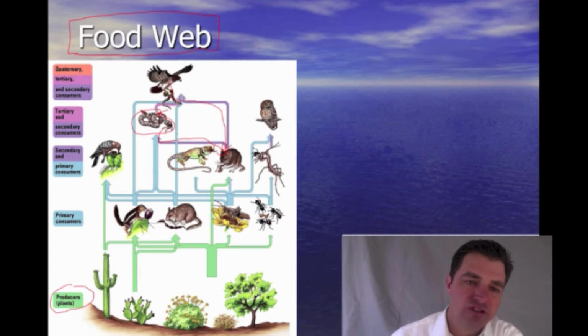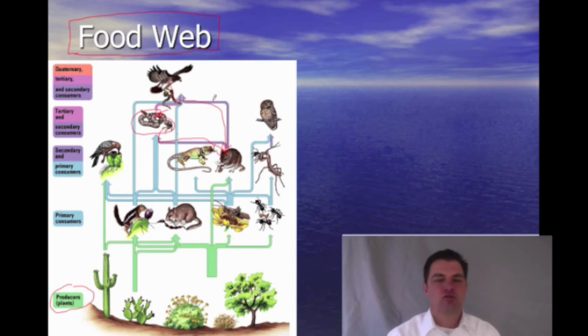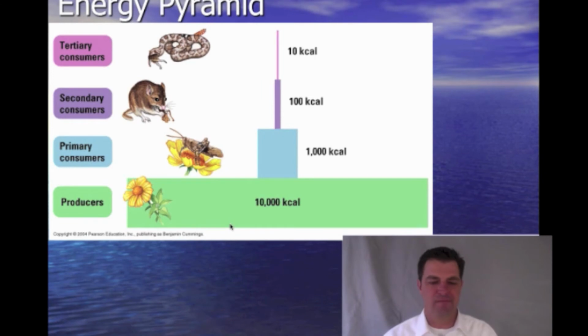But the hawk might also eat the snake. In this case, they're trying to show you these are tertiary and secondary consumers and all the way up. But sometimes one thing at the top might actually eat a variety of things down below it, depending on the season and how many there are, and that can vary by location and all kinds of things like that.